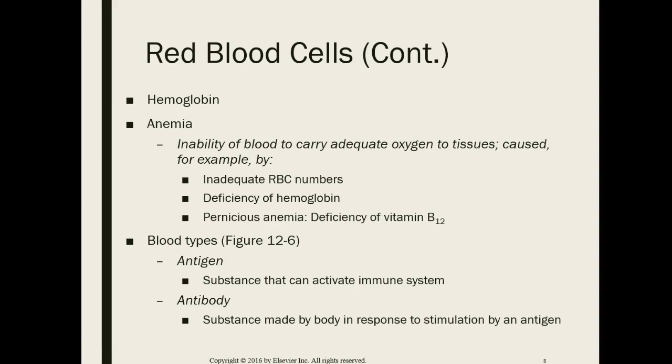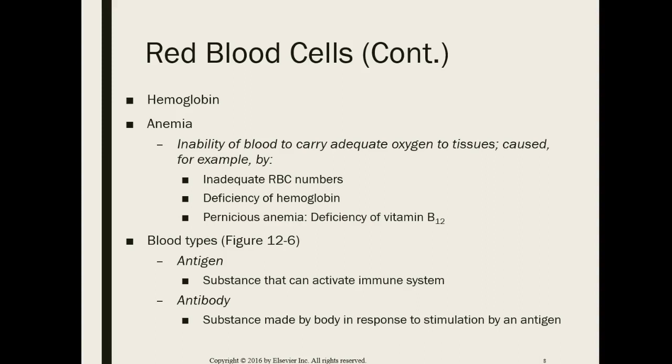A component of red blood cells is going to be hemoglobin. These are molecules that fill up the red blood cells, and they play a critical role in the transportation and exchange of oxygen and carbon dioxide between blood and the cells found in the body.